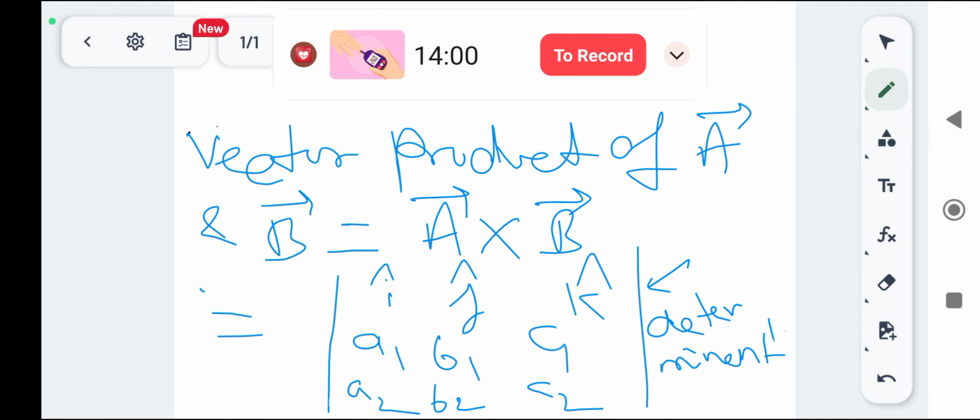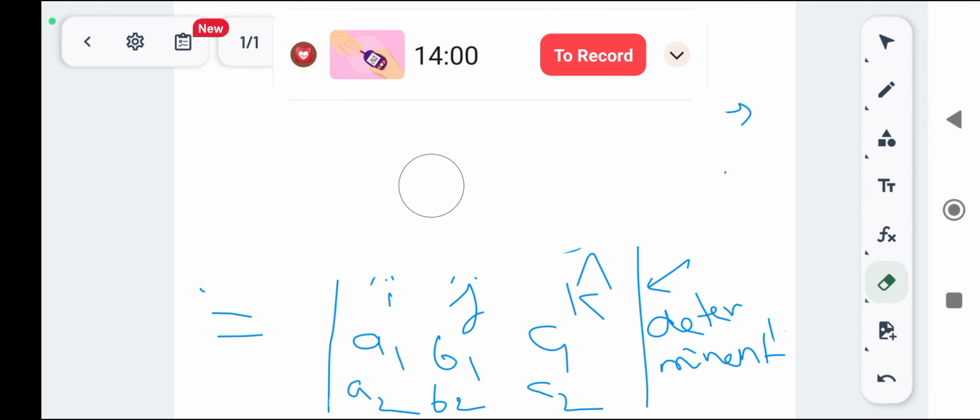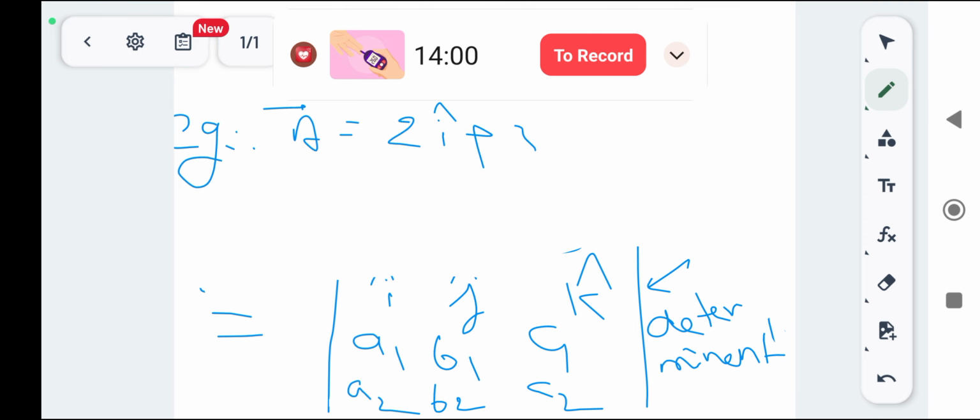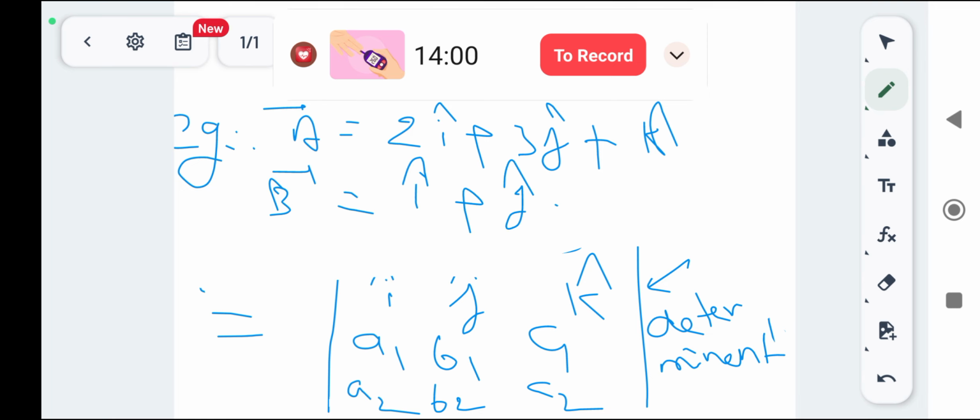Now we'll try the same example here. Suppose A vector is equal to 2i plus 3j plus k, and B vector is equal to i plus j minus k.